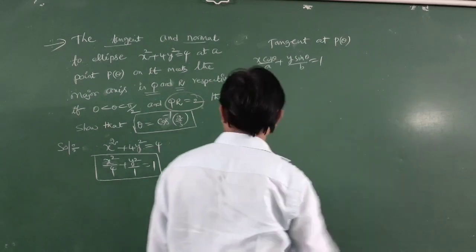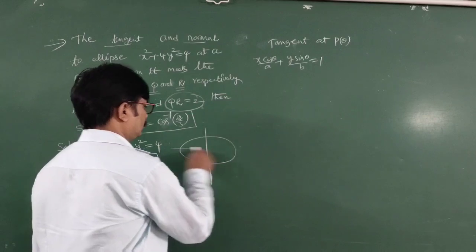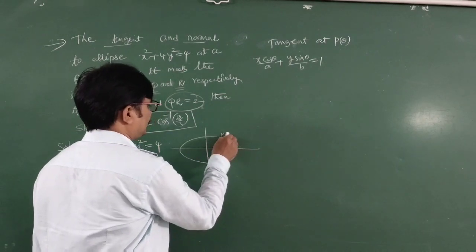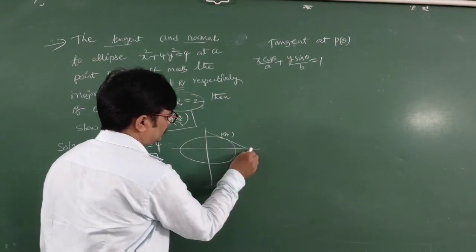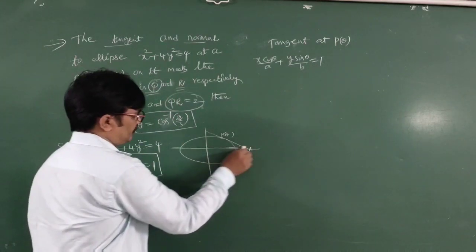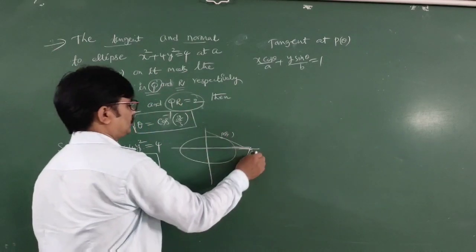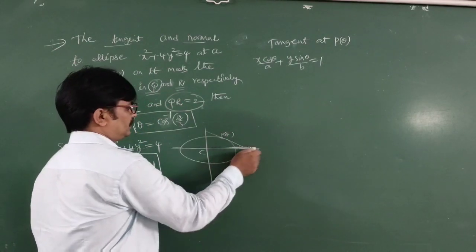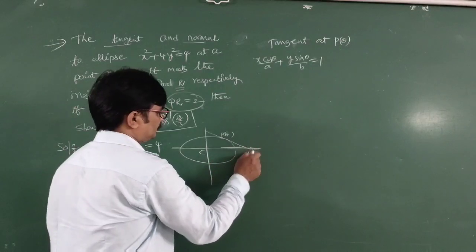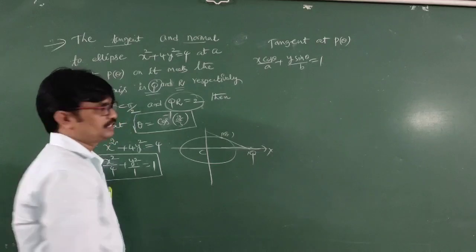So students, this is the ellipse, and this is the point P theta. The tangent meets the major axis at Q. This is the center. Is it clear students? On the x axis, y coordinate is 0.